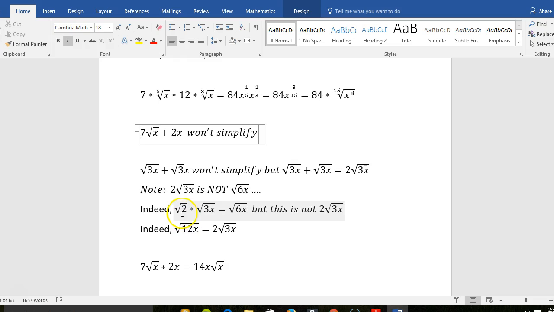This is radical 2, this is just 2, okay? Indeed, if you bring 2 inside a radical, you square it, it'd turn into a 4, and you get radical 12x. If I had 5 radical 3x, it would come in as a 25. You'd have 25 times 3x, that'd be radical 75x, and so on and so forth, okay?